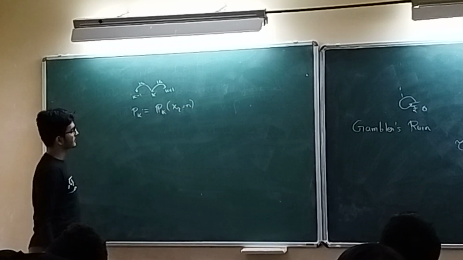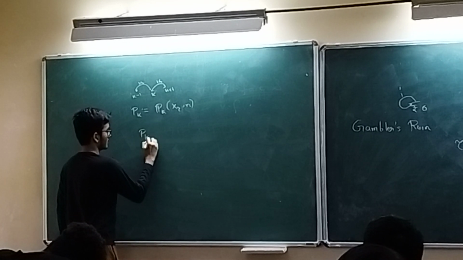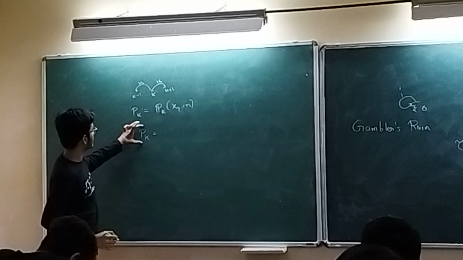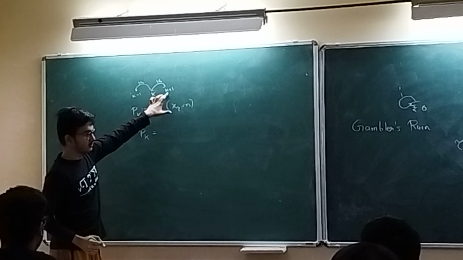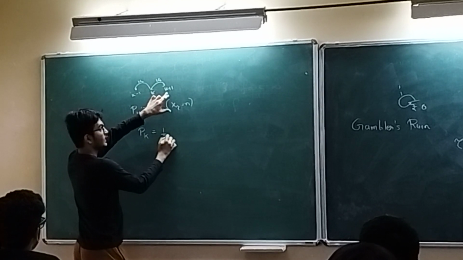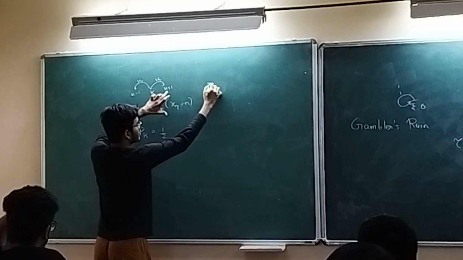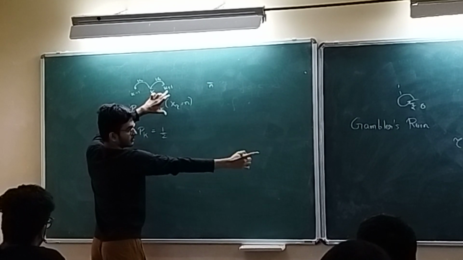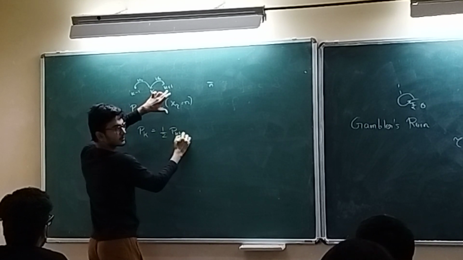What is this thing? From k I can move to k plus 1 with probability half. So let's say I move to k plus 1. And now I want to find the probability that I will hit n when the game ends. And that is nothing but p k plus 1.